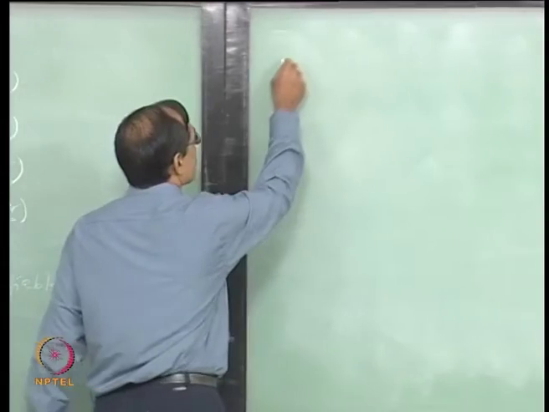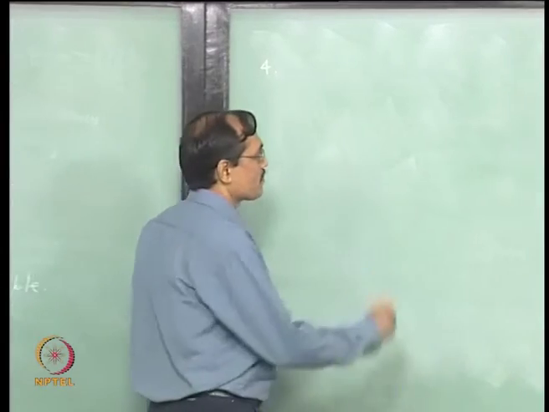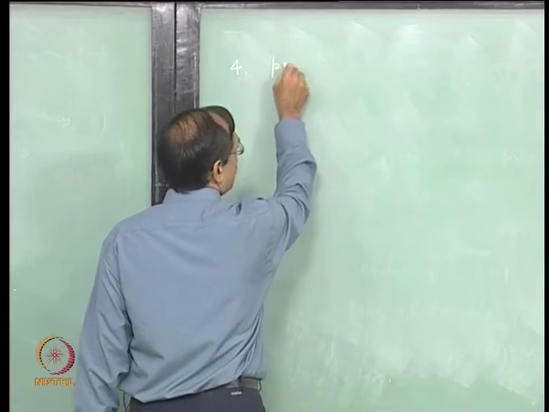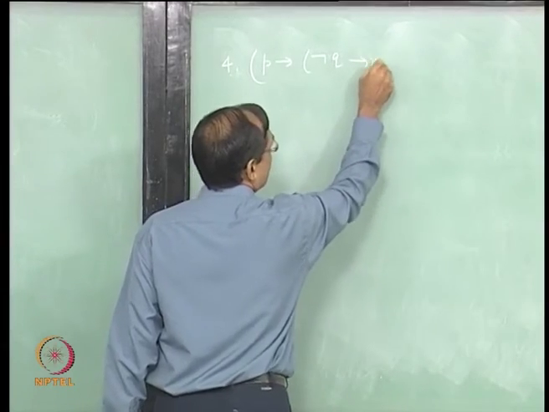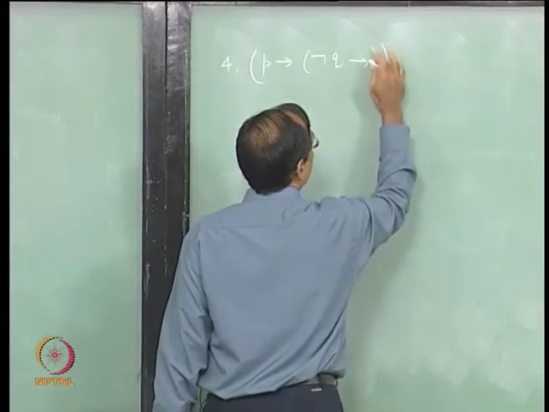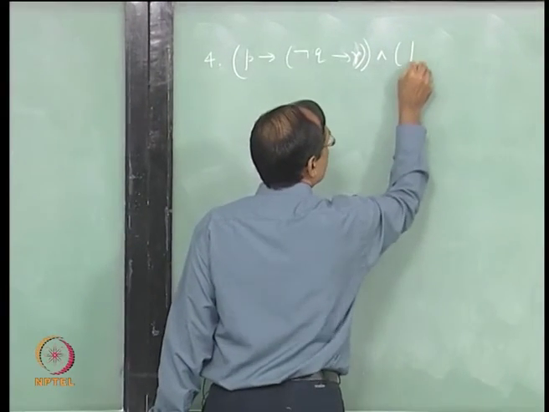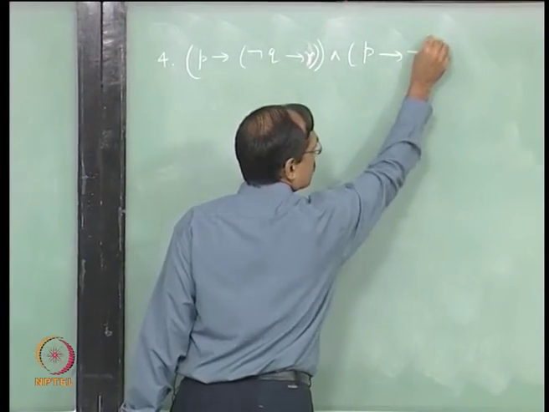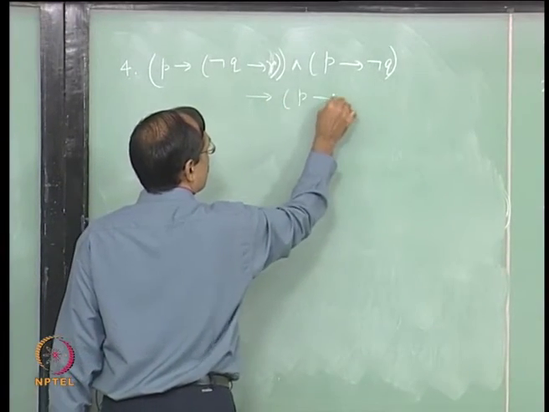Is it clear? So again let us take one more, the fourth one. This is (P implies (not Q implies R)) and (P implies not Q) implies (P implies R).